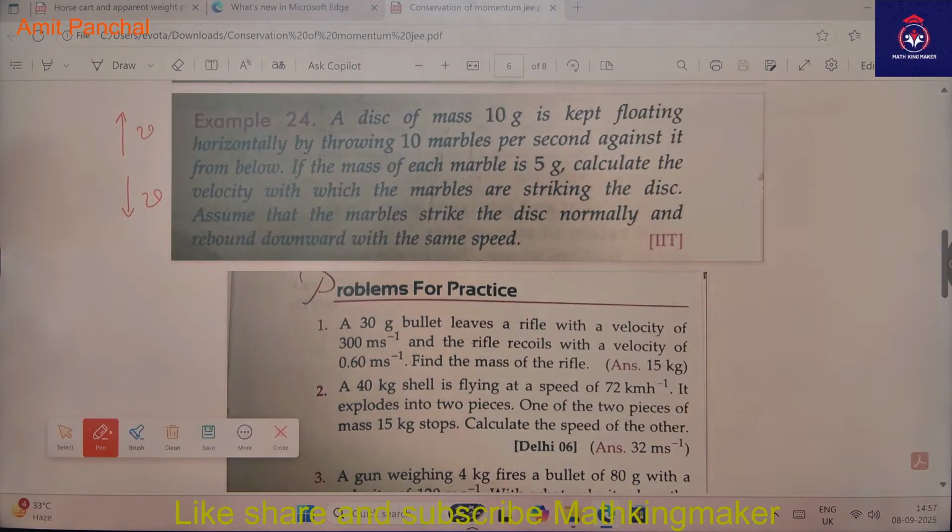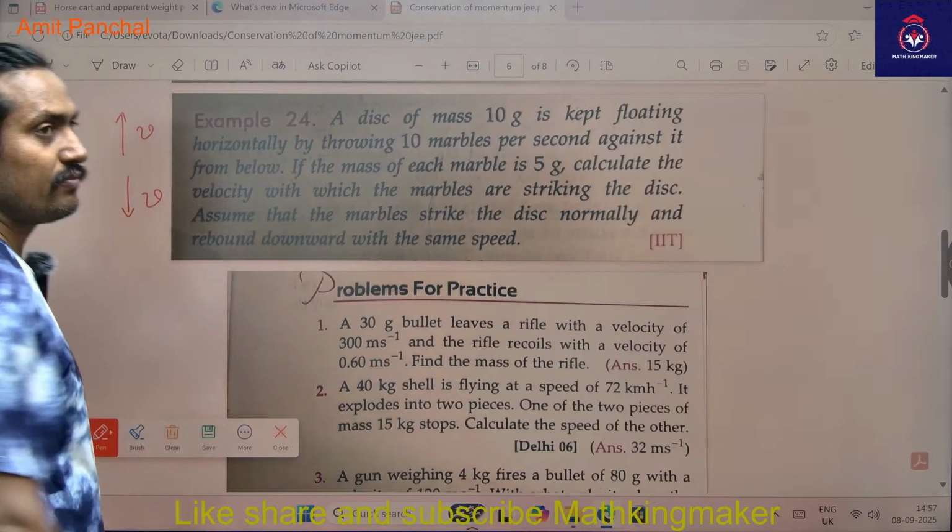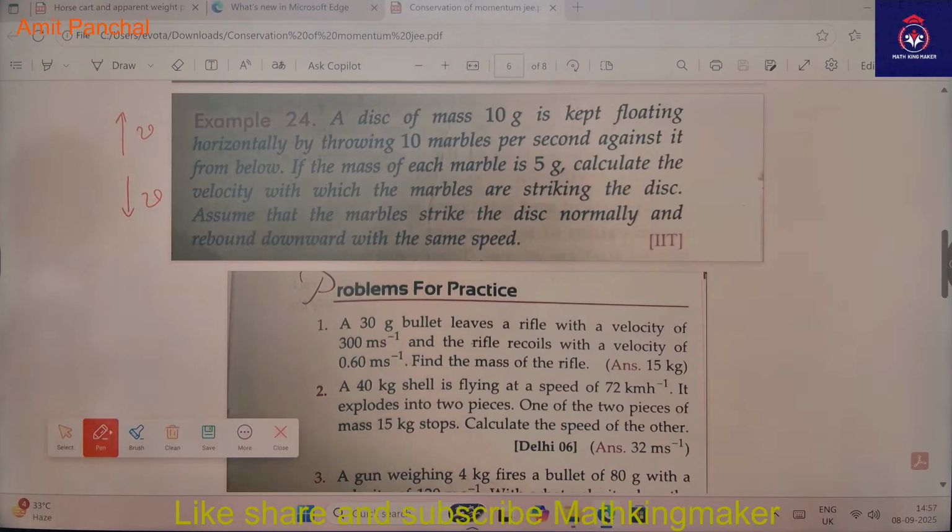So what will be the change in momentum? Nothing. Zero. The momentum is in a different direction, but the mass into velocity would be the same. Initially, mv upward and mv downward would be the same.